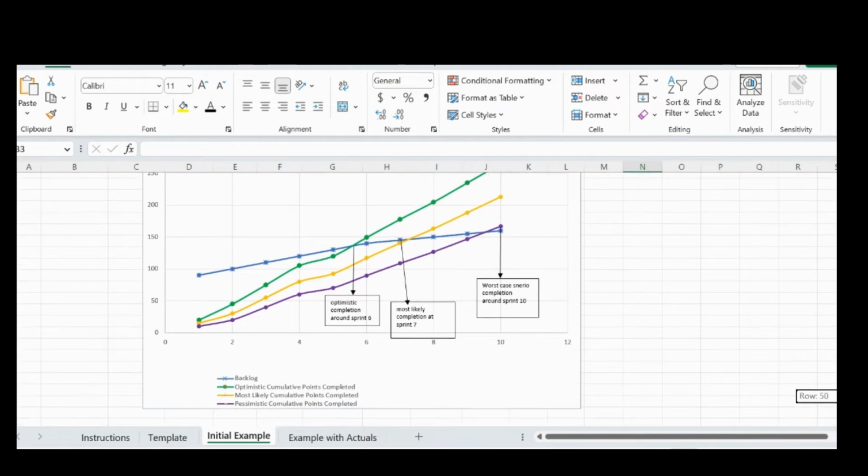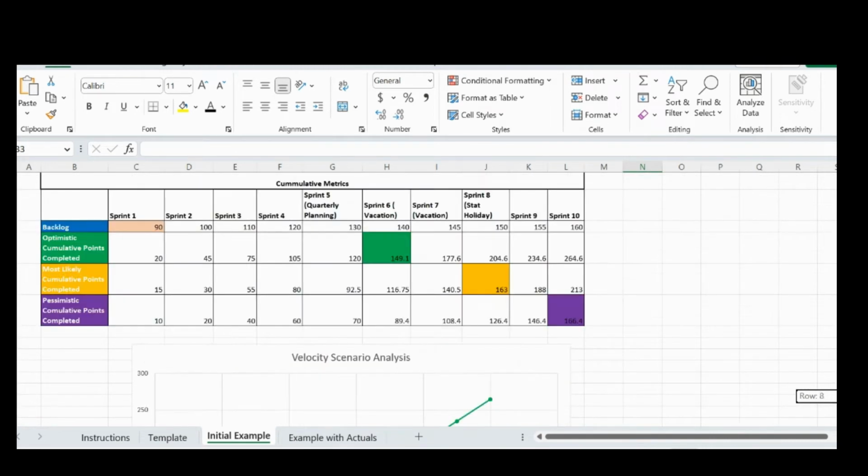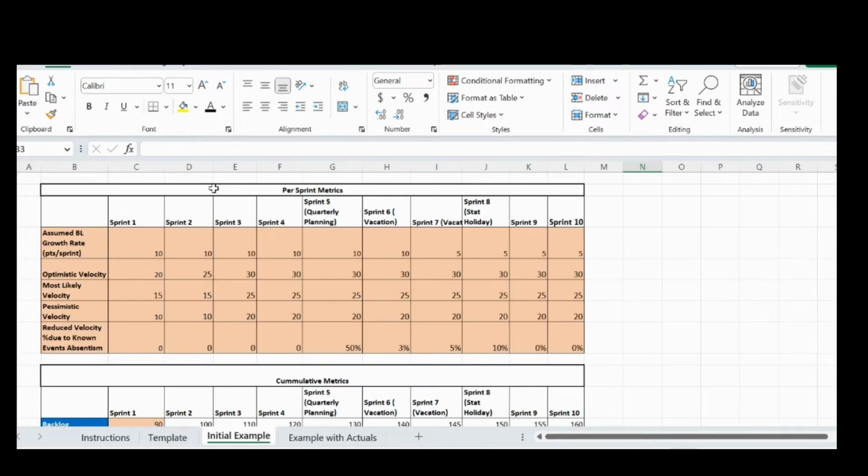Now, the question is how do you achieve the curve? If you go up, I have defined 2 tables. One of them tells you your backlog growth rate. So you decide, for instance, how many points you expect your backlog to grow every sprint as you add more stories.